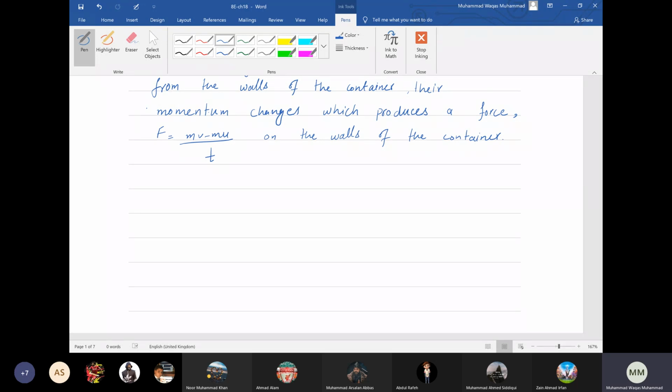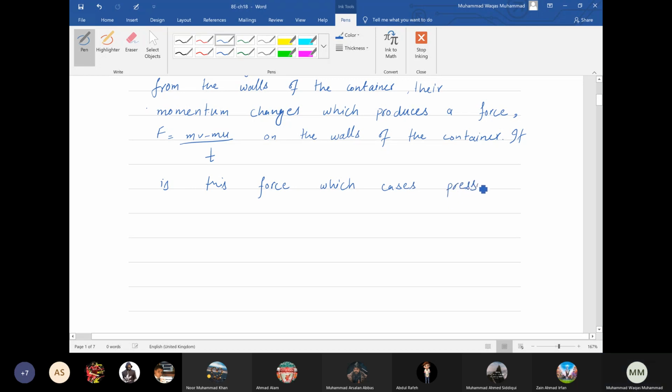Or you can simply write: it is this force which causes pressure, as P is equal to F over A.